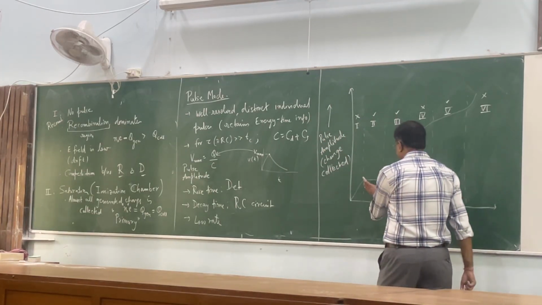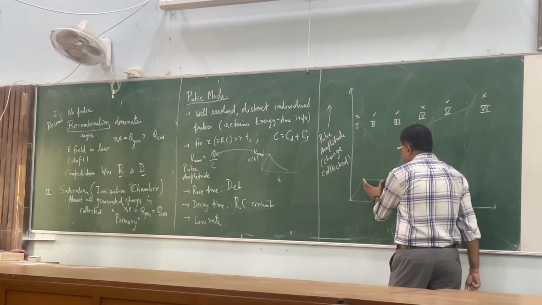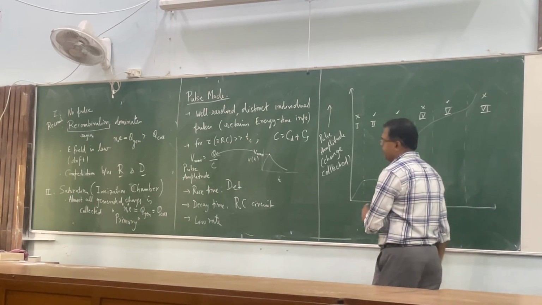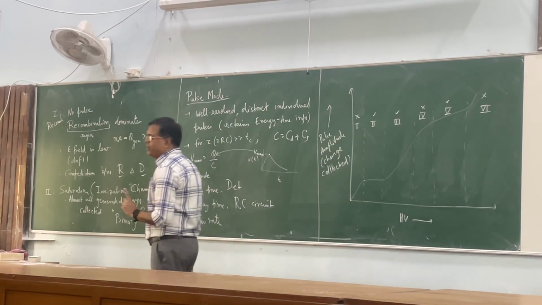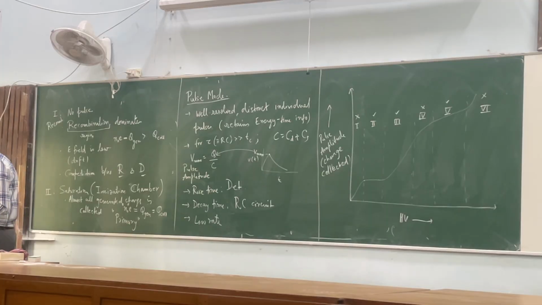Now, if this region is useful, then why do we go further? The only flip side of this region is that even though I am collecting the entire generated charge, as we will do in our tutorials, the actual peak, which is the pulse amplitude, is quite small, in microvolts.